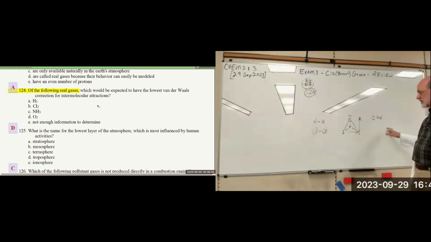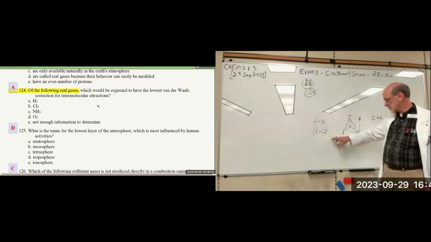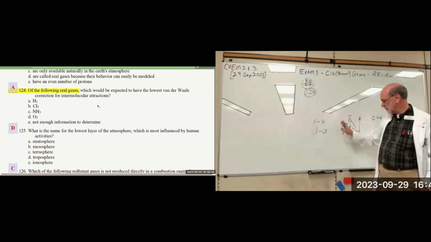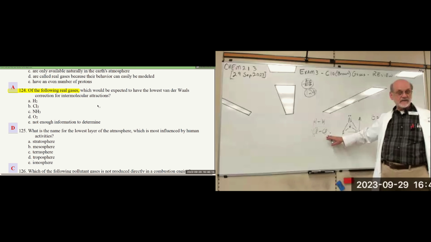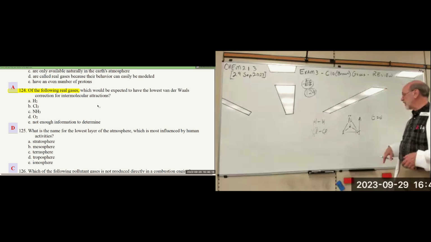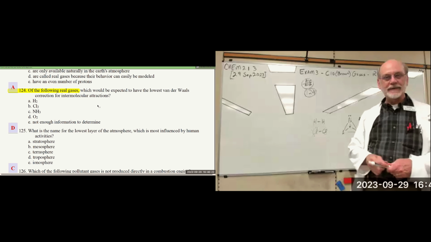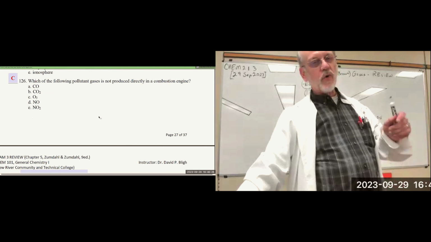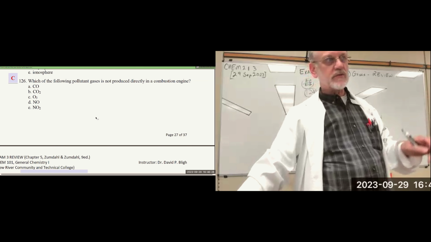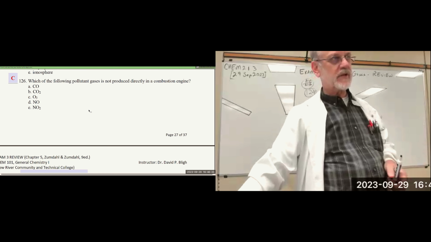Right? So the biggest one would be this one. So it would be the next one in line from ammonia as least ideal. The most ideal would be the smallest one, which would be hydrogen. We'll talk a whole lot more about that in the second semester. We jump right into it in the first lecture, I think.